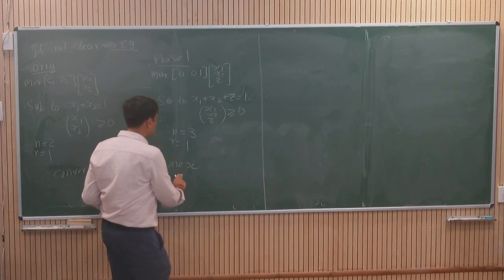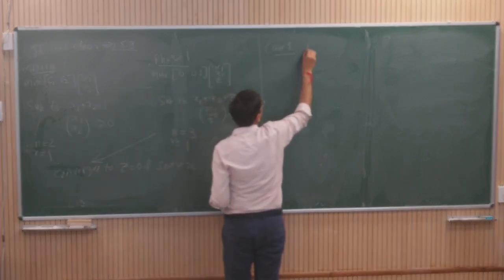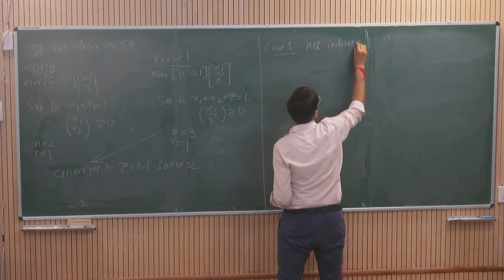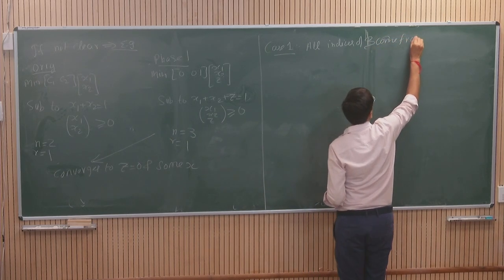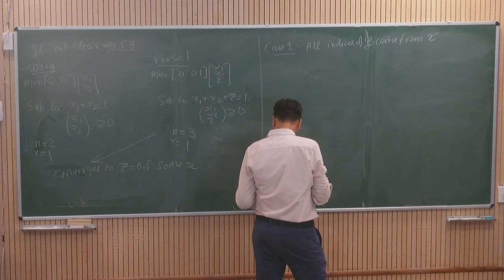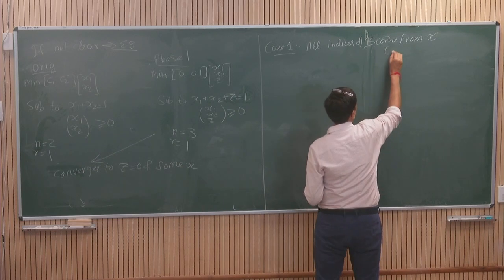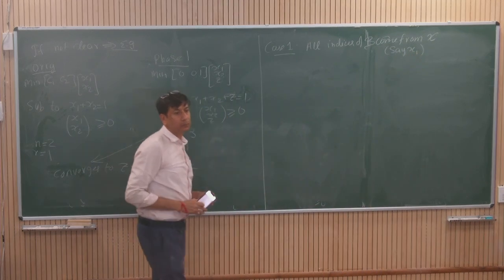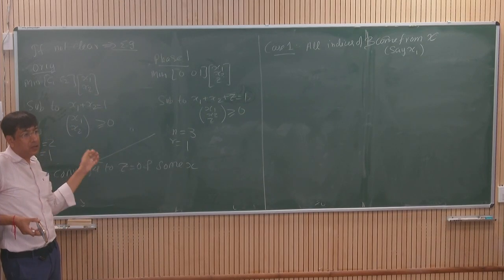So what was the case 1 we had assumed? Case 1 we had assumed that all indices of the basic set come from X. This is the case 1, that Z is going into the N set.